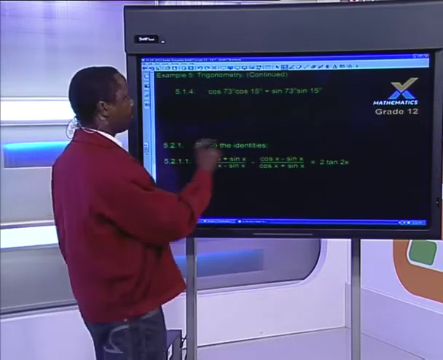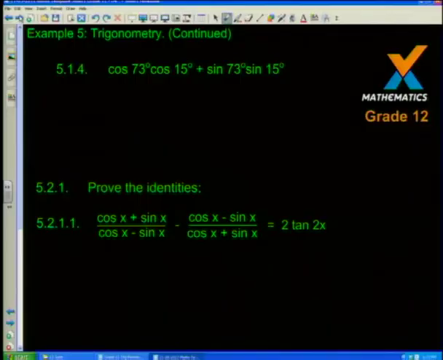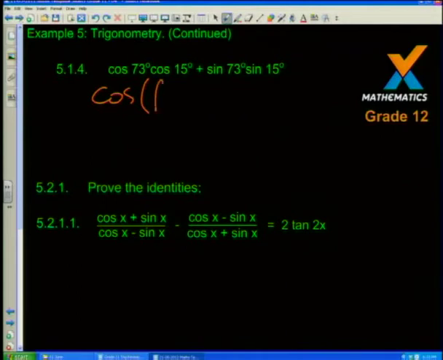All right. So what you have here, if you remember your compound angles, not double angles, compound angles, it's going to be cos of, let's say, beta minus alpha.